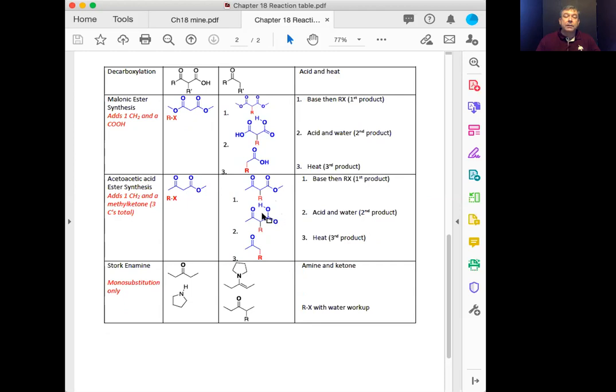Second step is hydrolysis to allow us to get this 6-membered ring to allow for decarboxylation. And the third step is our final product. So that's why the malonic ester synthesis always yields a carboxylic acid, and the acetic ester one always yields a methyl ketone.